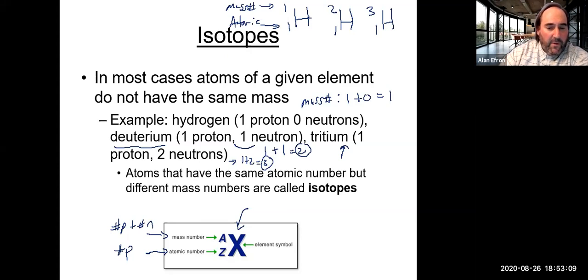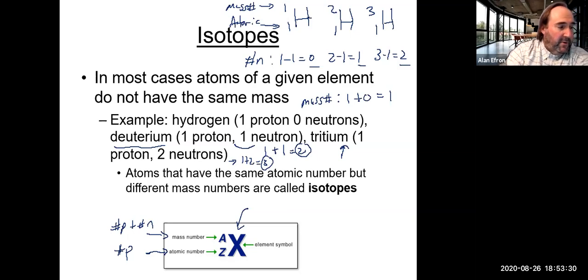So again, if you want the number of neutrons, you take the top number minus the bottom number. So 1 minus 1 is 0. Top number here, 2 minus 1, is 1. And top number here minus bottom, 3 minus 1, is 2. And again, top number minus bottom number will give you the number of neutrons, and that essentially is mass number minus atomic number.